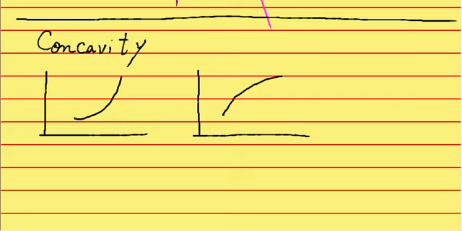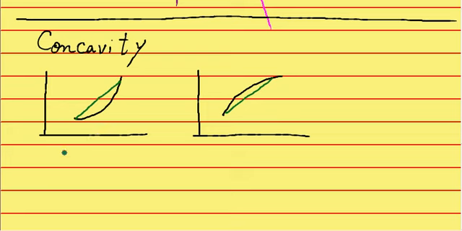Clue number one is that if you draw a chord, that is, if you connect 2 points of this graph, can you tell what is the difference between the chord here and the chord there? Well, it is obvious.